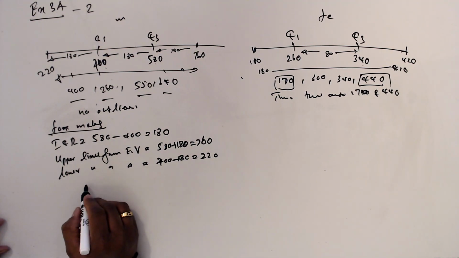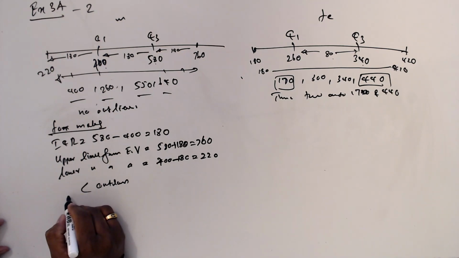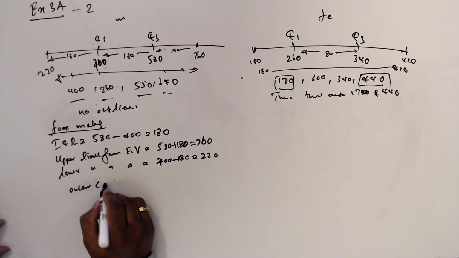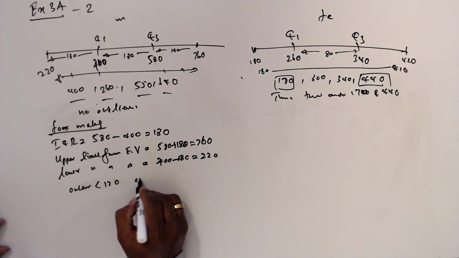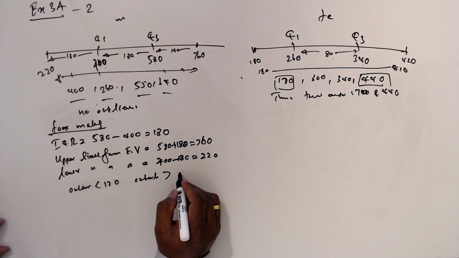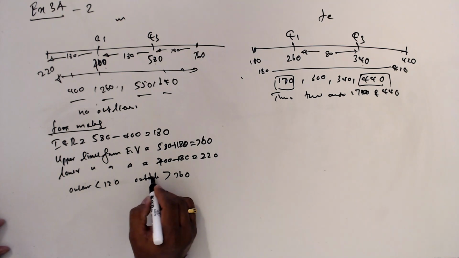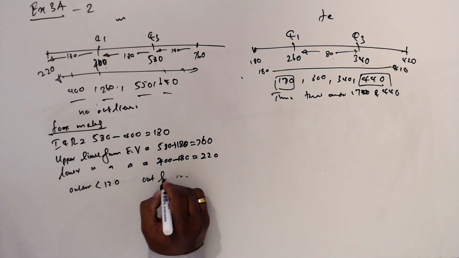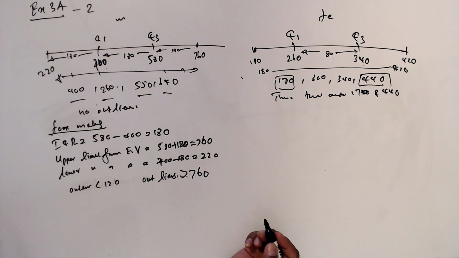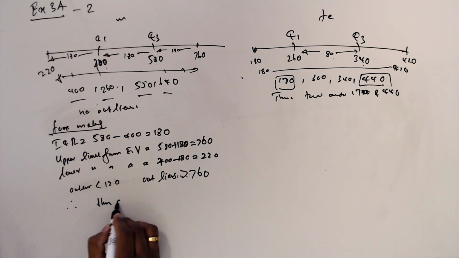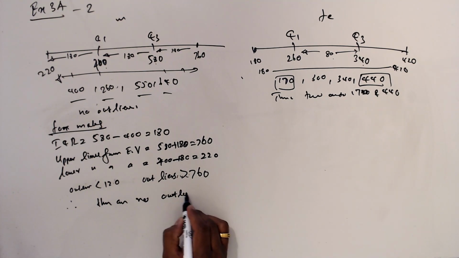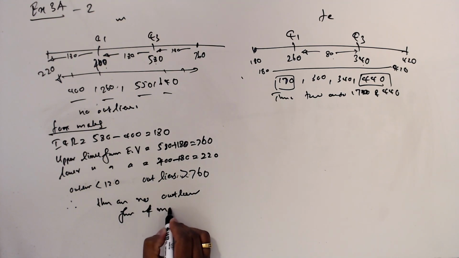So outliers are less than 220, and outliers greater than 760. Hence, there are no outliers for males.